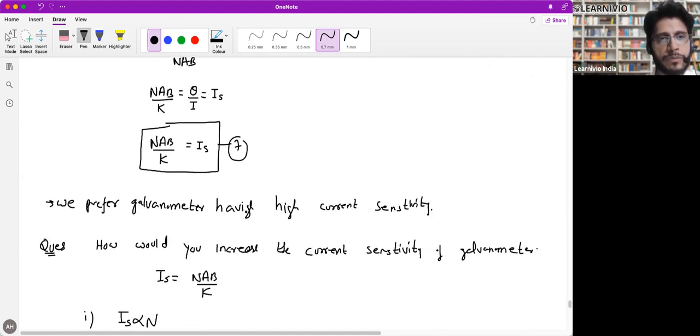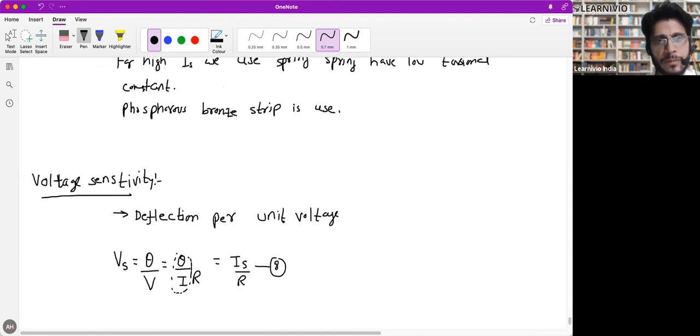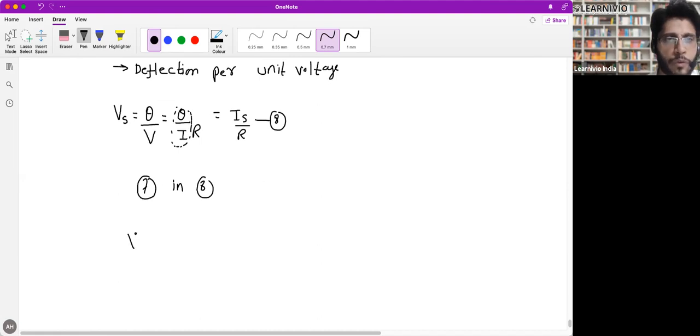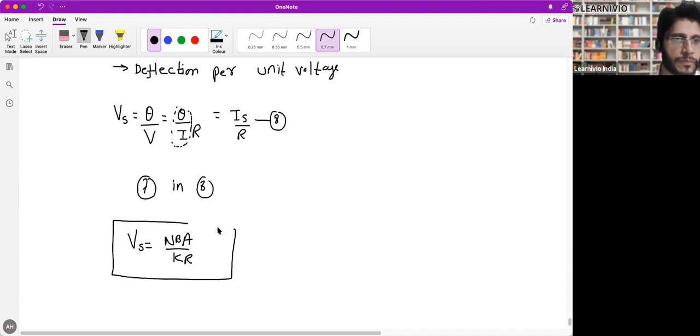Next, we can just substitute 7 in 8. When we substitute 7 in 8, we get voltage sensitivity as NBA by K into R. So that's voltage sensitivity, NBA by KR.